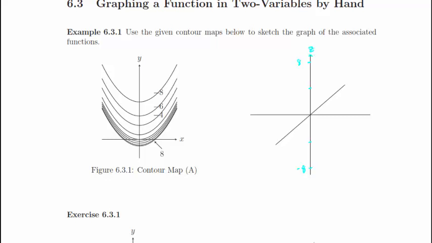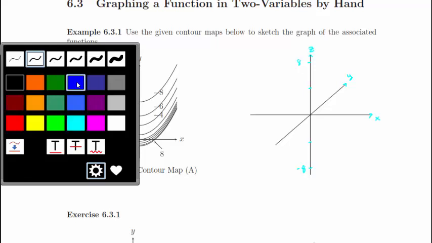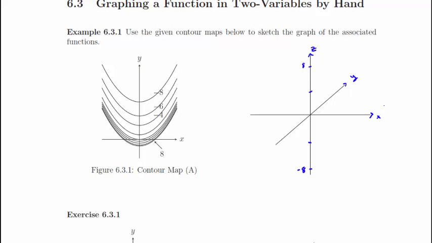Draw in your labels for your x, y, and z. Let's do something other than light blue here, to make this a little bit easier to see. So if z is -8, we're going to have a parabola that starts here.